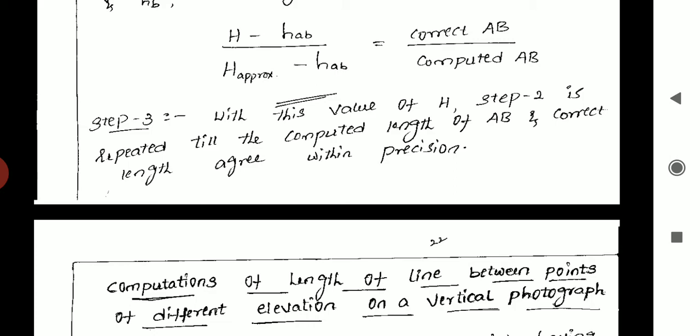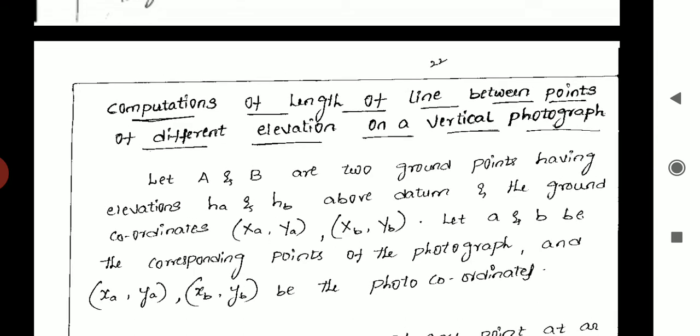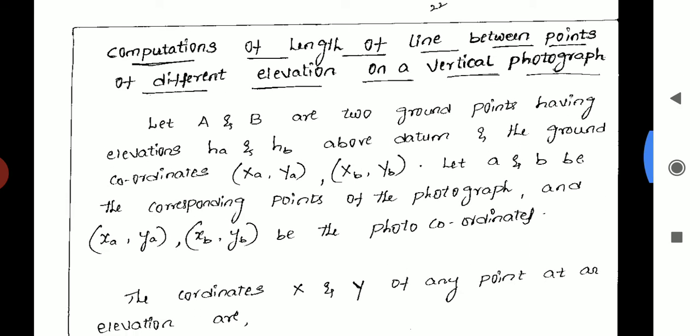within the precision. Okay, next one is computation of length of a line between points of different elevation on a vertical photograph. Students, this case has one figure, but I didn't mention it here because the figure is large, and if you go through that figure you people will get confused.